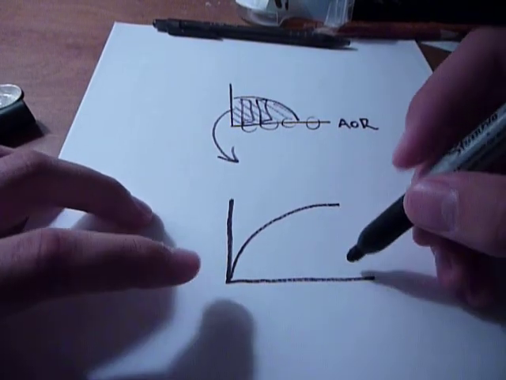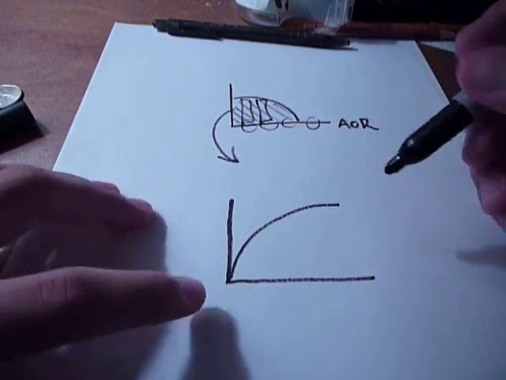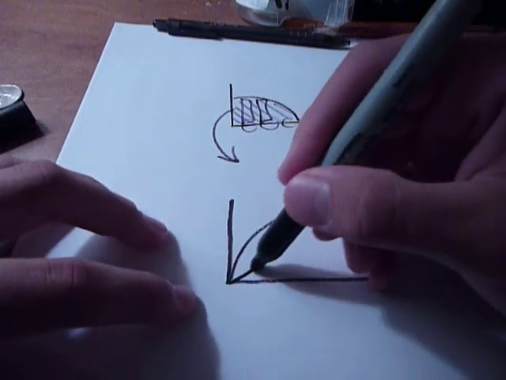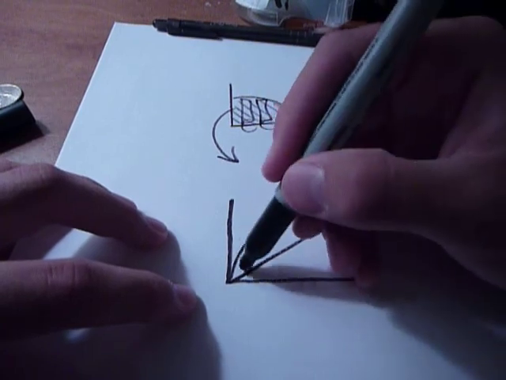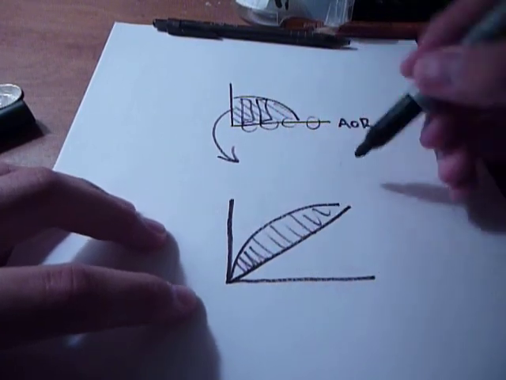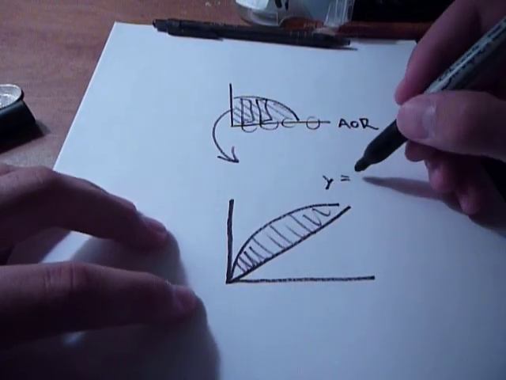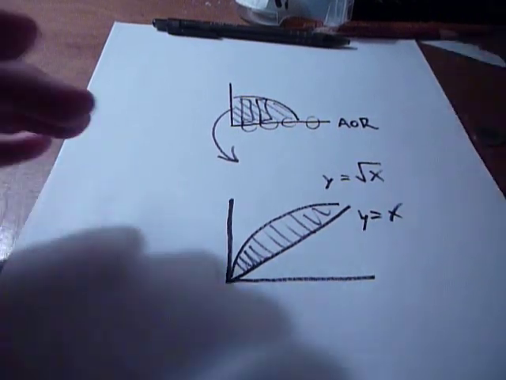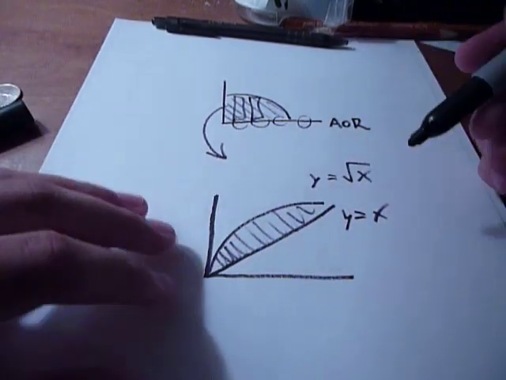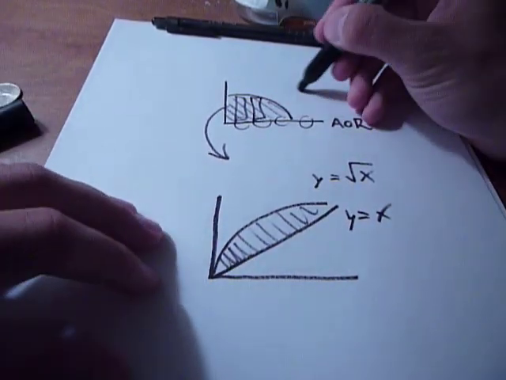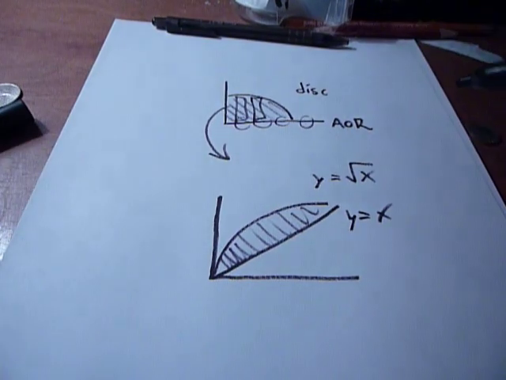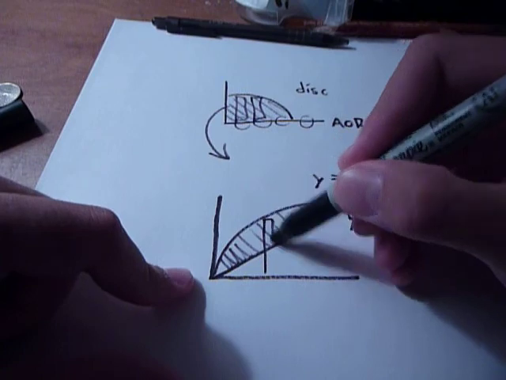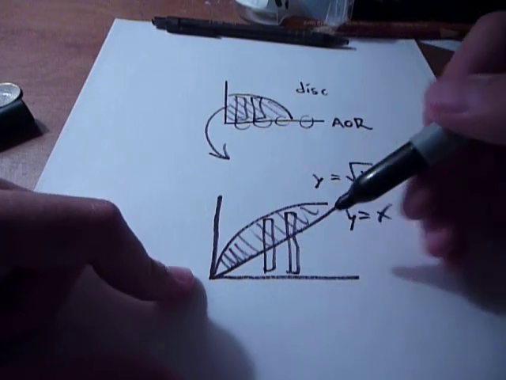Now, for washers, the situation that would inspire using washers would be where, instead of a full volume that we were used to with the disks, you would be given something like this, where your area is the area between y is equal to root x and y is equal to x. Those are the two lines that form that area. And unlike with disks, you're not able to draw a full box here to represent half of the disk.